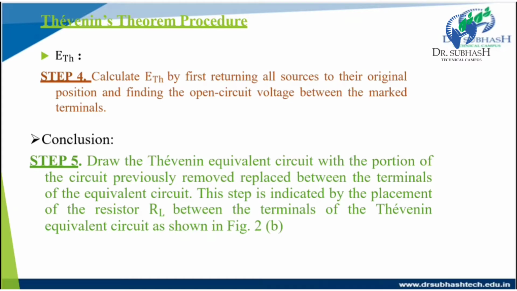The Thevenin equivalent circuit with the previously removed portion is replaced between the terminals of the equivalent circuit. This step is indicated by the placement of the resistor RL between the terminals of the Thevenin equivalent circuit.